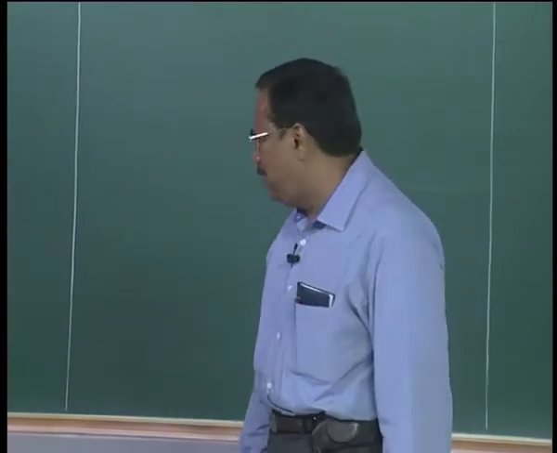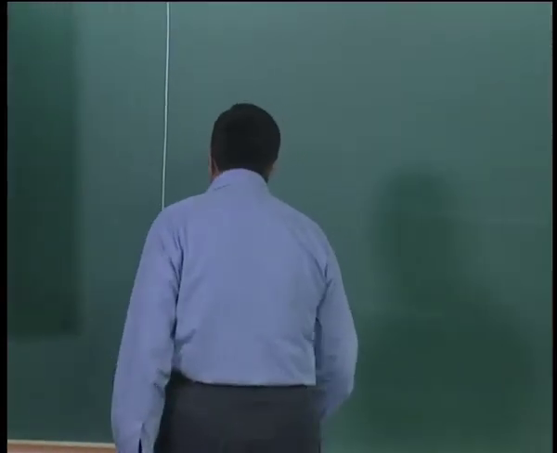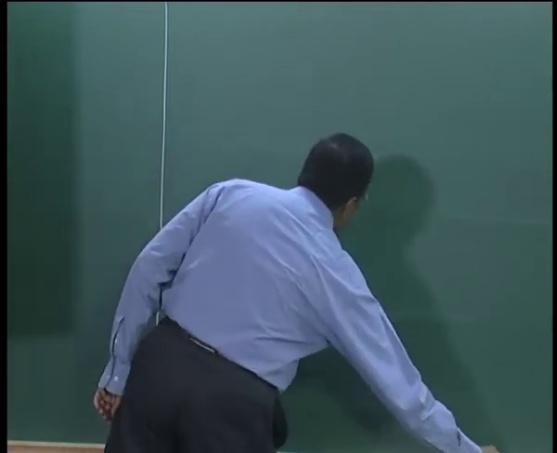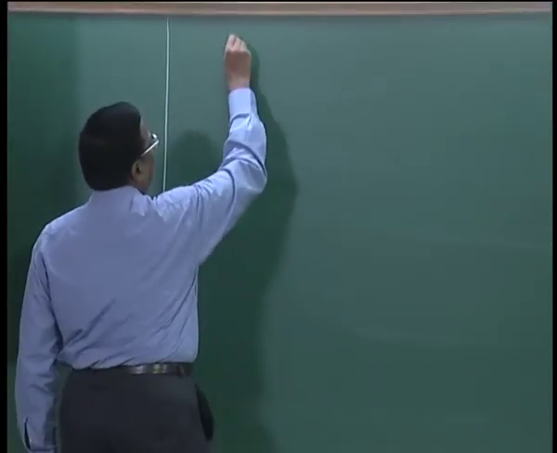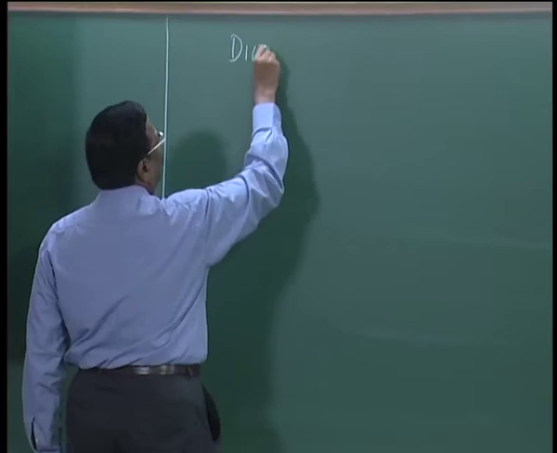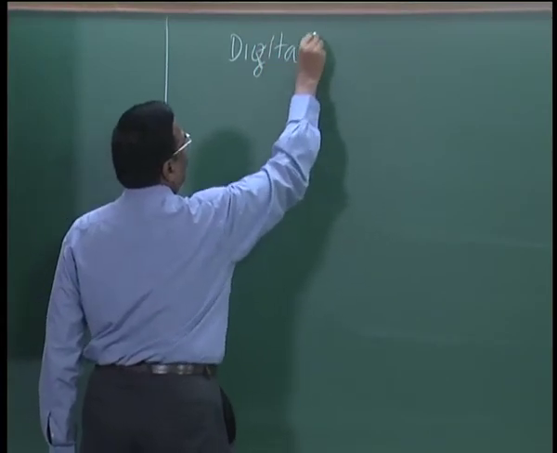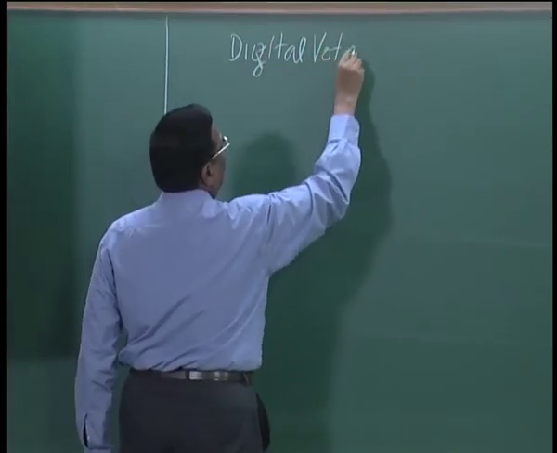Last class we learnt about the digital voltmeter, also popularly known as the dual slope AD converter.